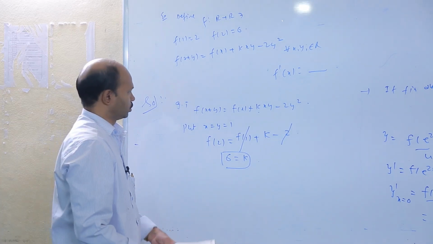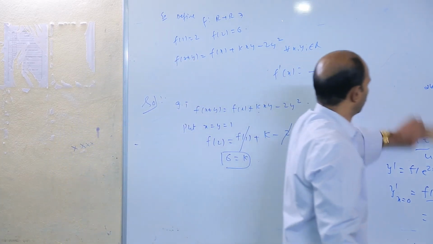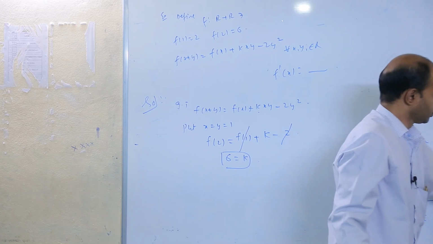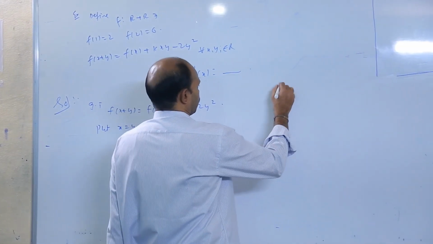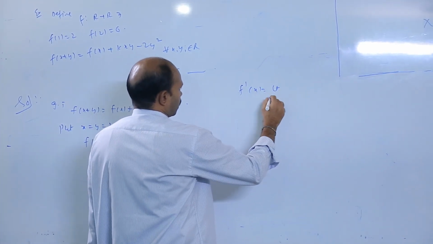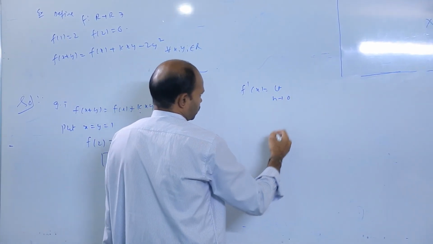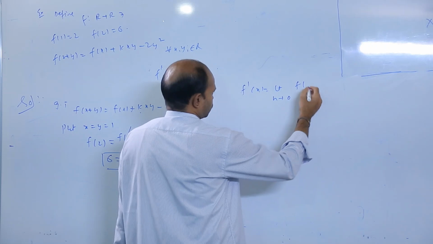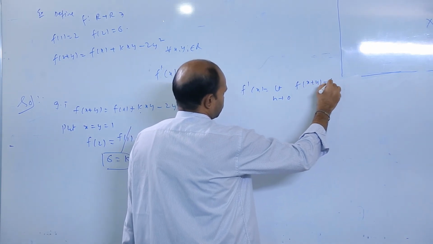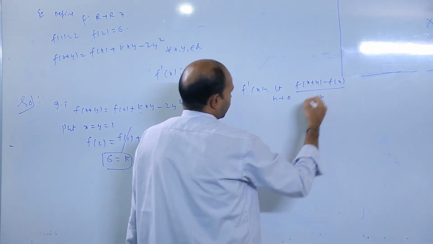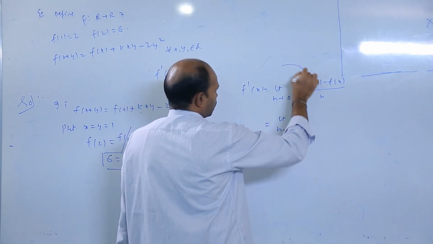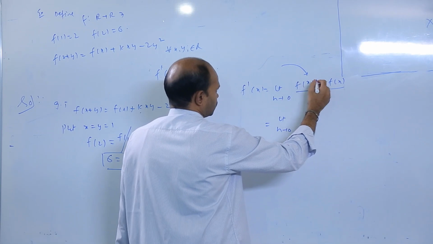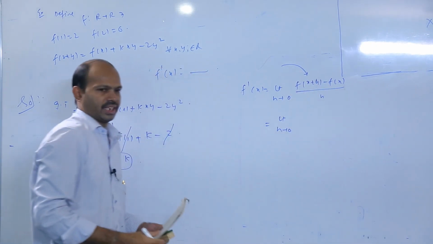Leave it, and now you must go to the formula or value of f dash x. You know the general formula of f dash x by the fundamental principle. f dash x is equal to limit h tends to 0, f of x plus h minus f of x divided by h. What is f of x plus h?